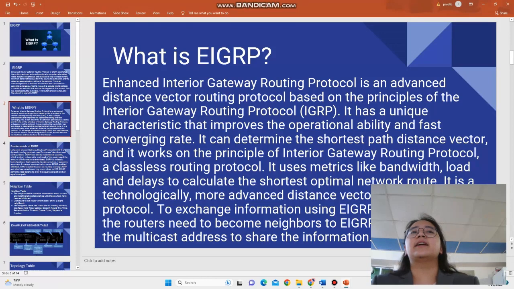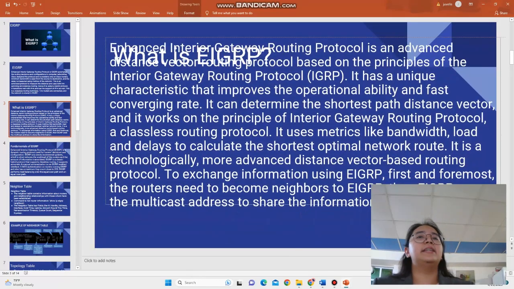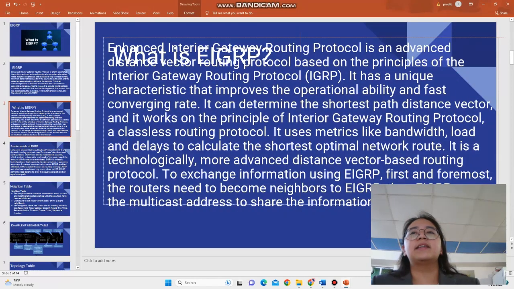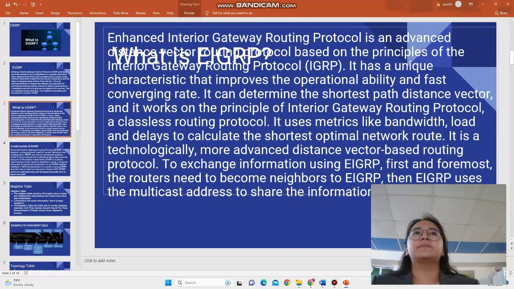It uses metrics like bandwidth, load, and delay to calculate the shortest optimal network route. So it is a technologically more advanced distance vector based routing protocol.